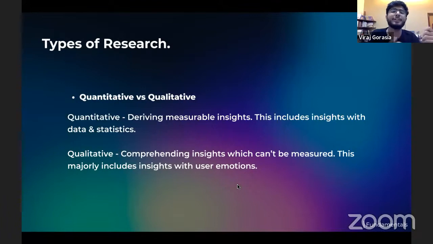So this majorly includes user emotions. We'll be talking about something called journey mapping in the case study, but qualitative research is very important, because let's say that a person is using our app at point A, he's very happy because his problem is getting solved, but at point B, he's very frustrated because your app is not responding the way it should.